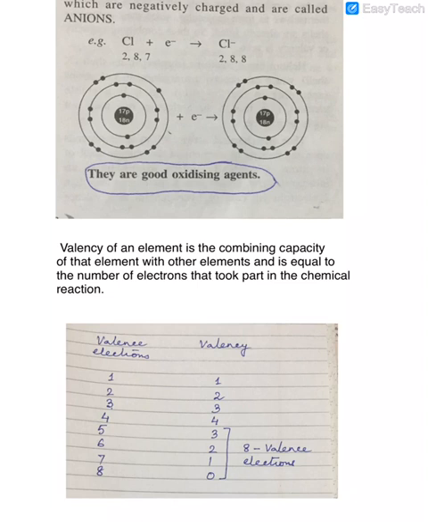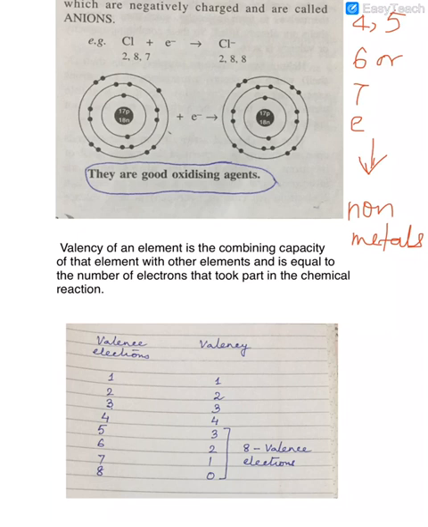Elements with 4, 5, 6 or 7 electrons in their valence shell are called non-metals. Metals are very good reducing agents and non-metals are very good oxidizing agents.